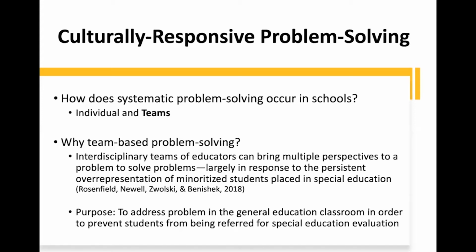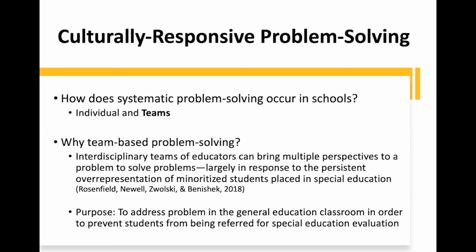So the push for problem solving teams was to say, maybe we can reduce bias if we bring multiple people together to solve the problem before we even make a referral. And we have to document that, we have to evaluate that in order to ensure that we're providing high quality services to particularly minoritized students in a school-based setting.